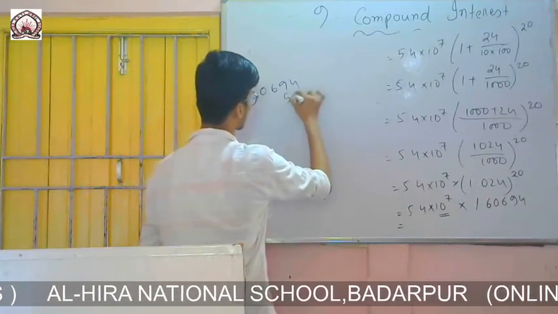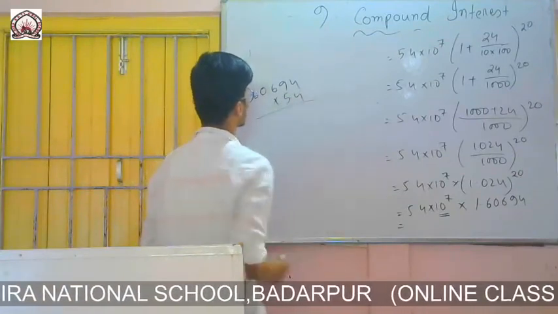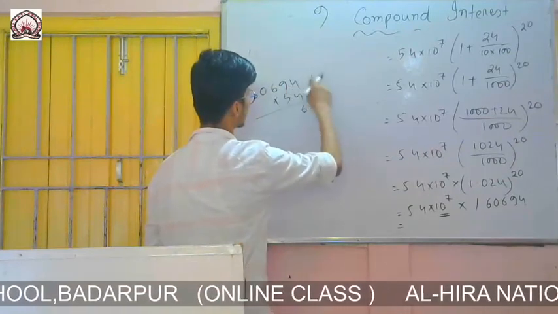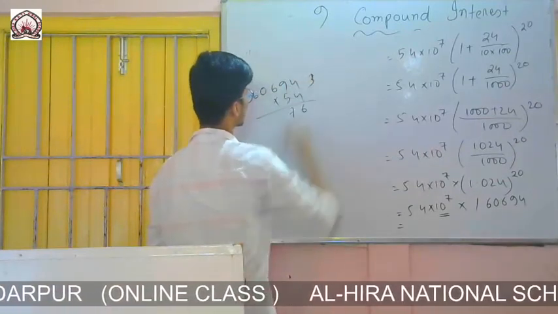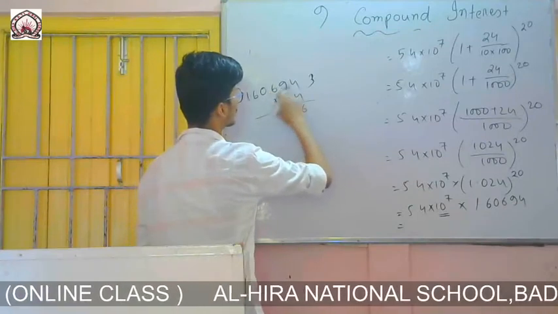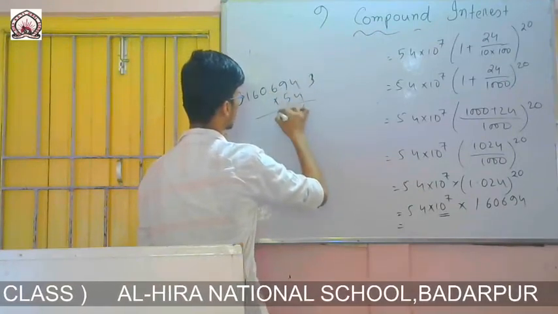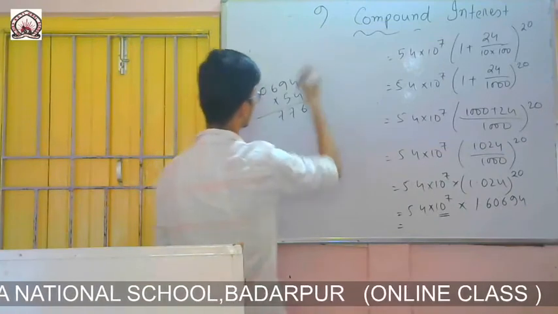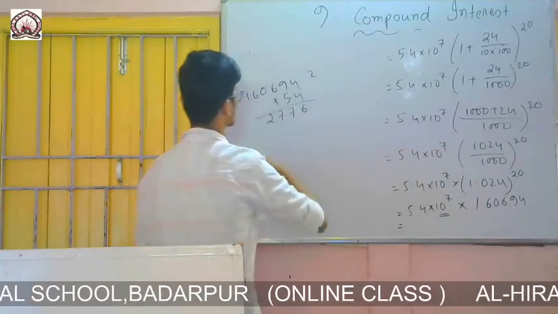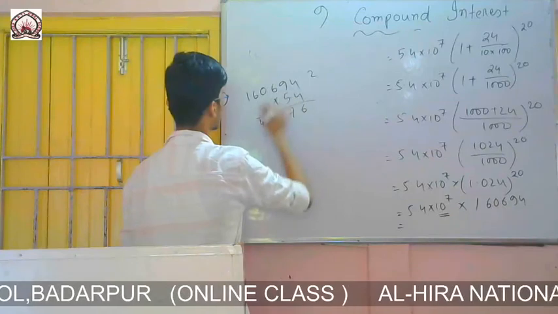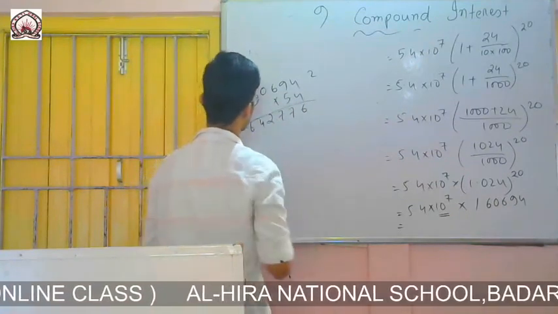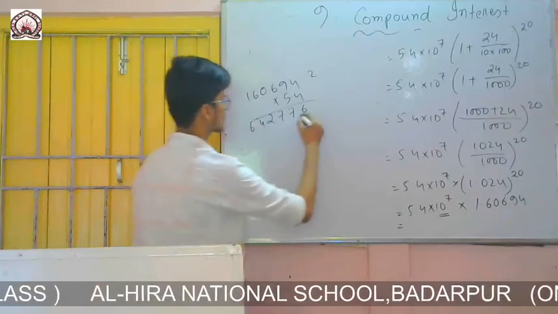1.60694 multiplied by 5.4. So if I start multiplying, 4 4s are 16, 4 9s are 36 and 1, 37, 3 in my hand, 6 4s are 24, 25, 26, 27, 2 in my hand, 4 into 0, 0 plus 2, it is 2, 4 6s are 24, 4, 2 in my hand, 4 ones are 4, 5, 6. So 6 4 2 7 7 6.